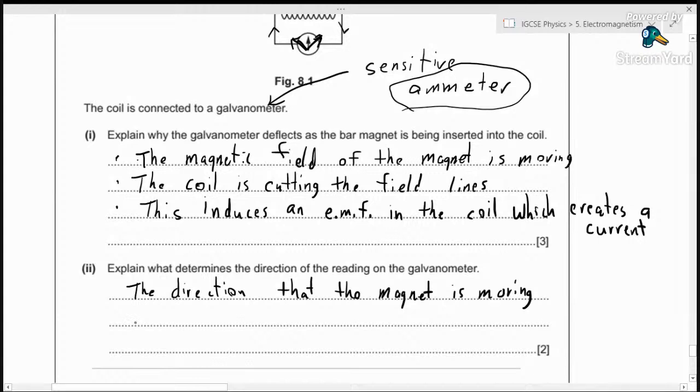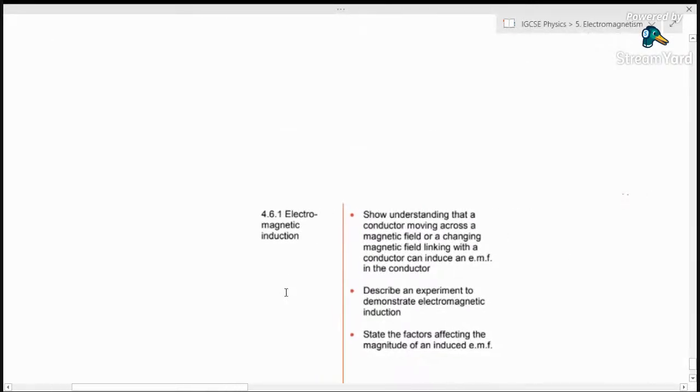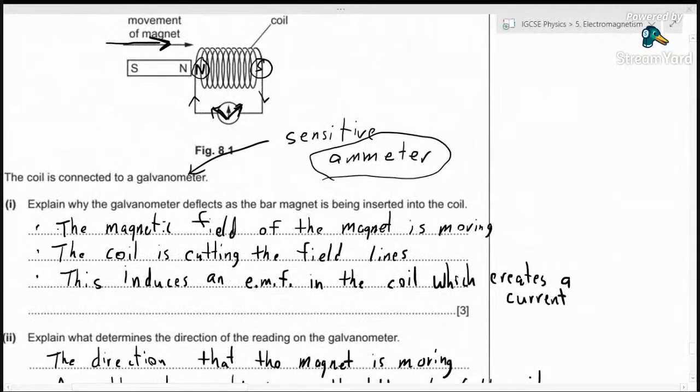We could say a north pole would be on the left side of the coil, and that would be enough. And that is really it for the generator effect, or for electromagnetic induction.